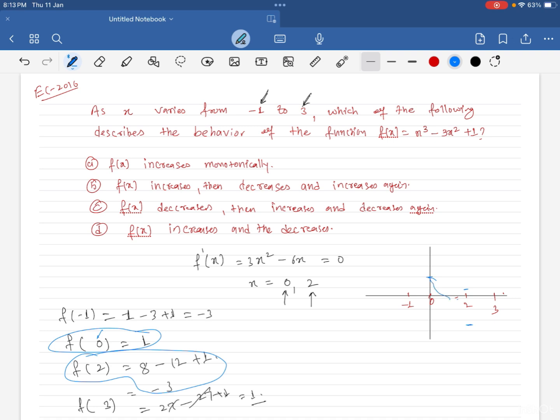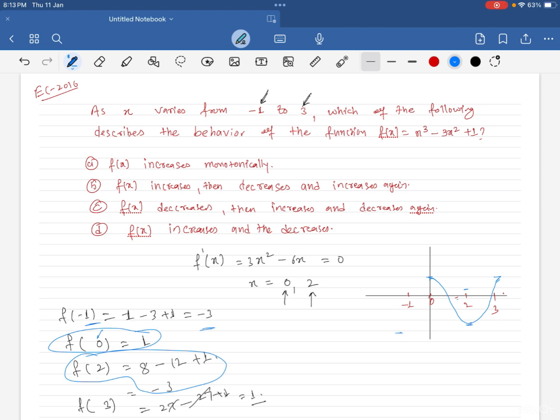And again for f of 3 it is 1. So maybe something like that. And at x equal to -1 it is -3.